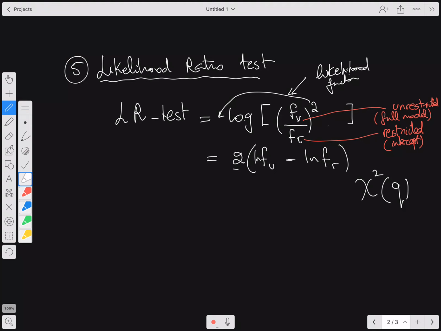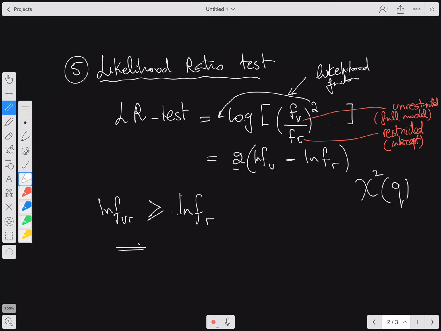So it's very important to understand that the log of the likelihood function of the unrestricted model is greater than or equal to the log of the likelihood function of the restricted model.